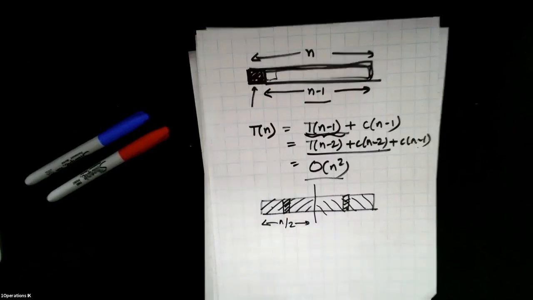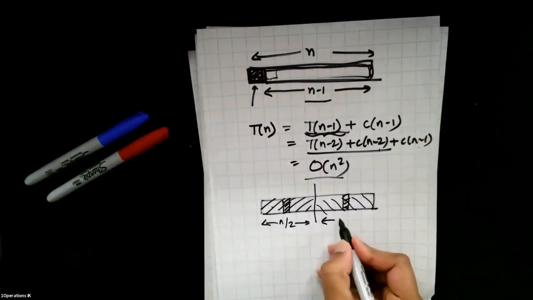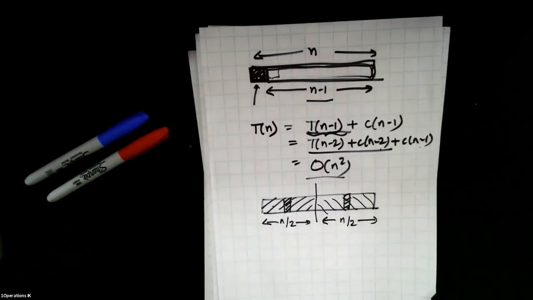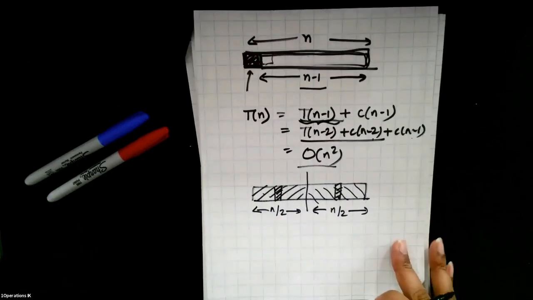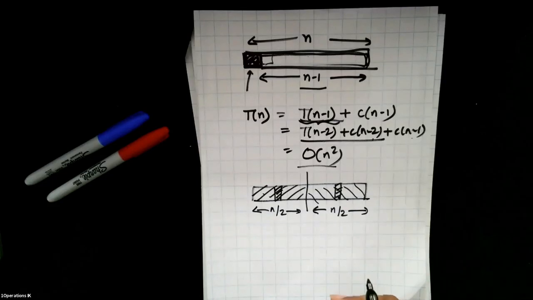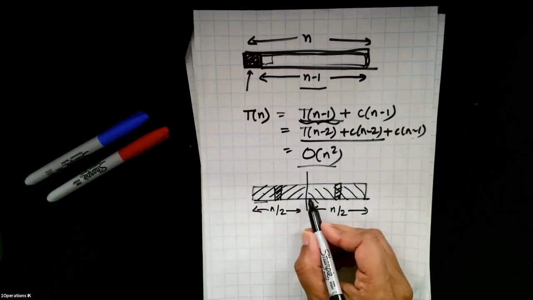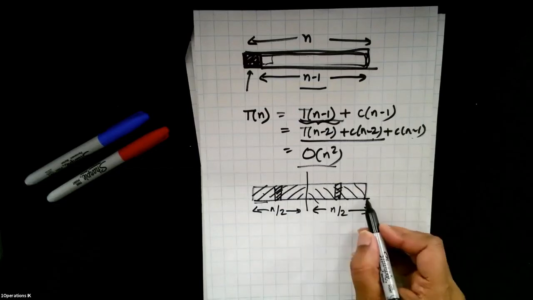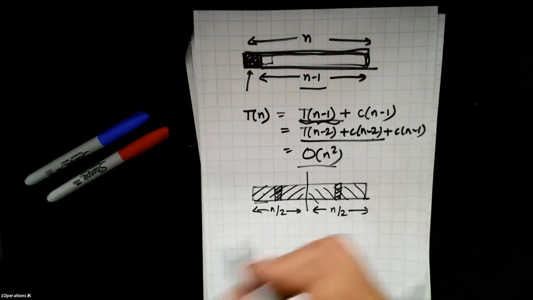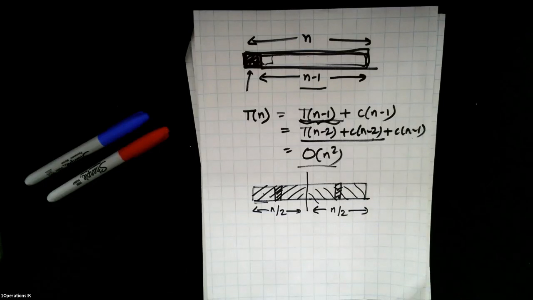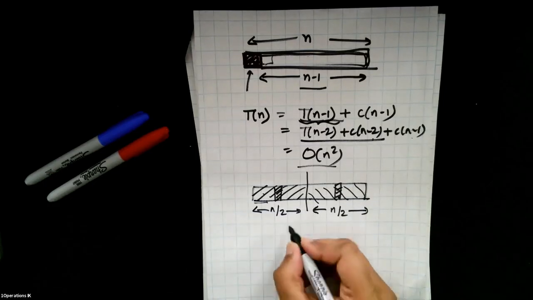There are n by 2 numbers on the left, n by 2 numbers on the right. How many pairs do you have to test? For each of these elements, you have to test whether these other n by 2 elements add up to the target when combined with that element.